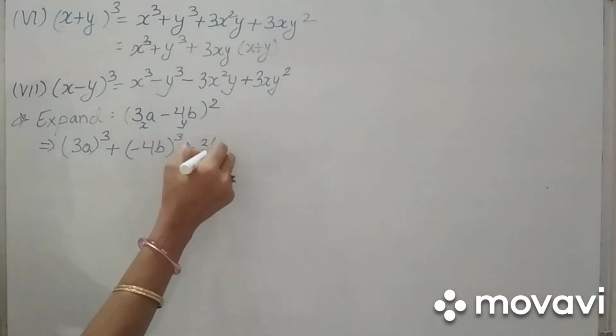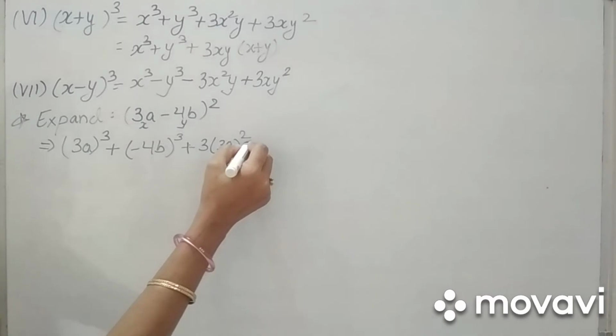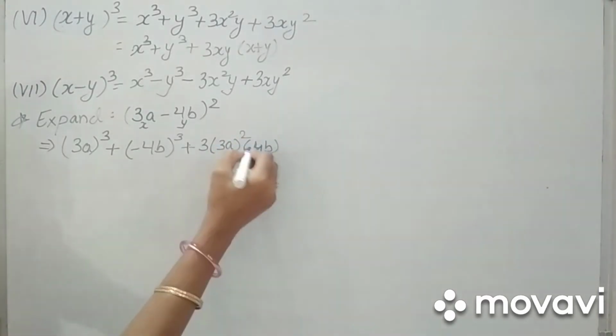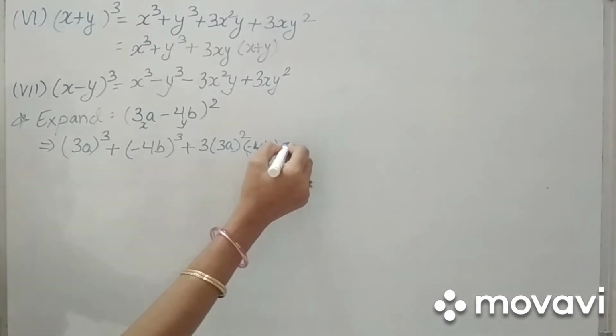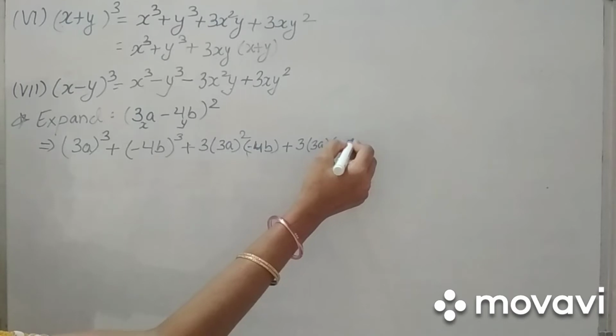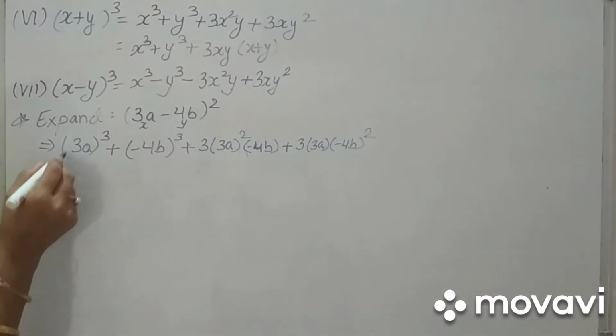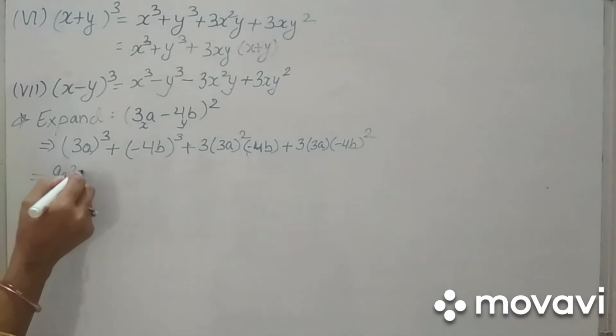Plus 3 into 3a square into 4b minus plus 3 into 3a and minus 4b square is equal to 3a means 9a square.